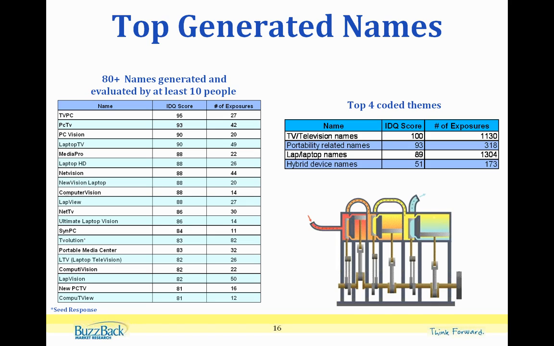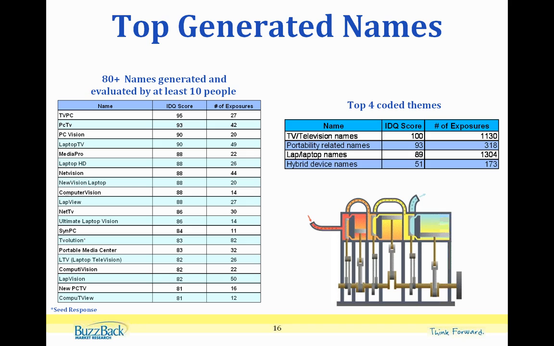So it's a really interesting way to see how your notion of the appropriate name for the product relates to that of the consumers. We then collapsed all of the names in the IDQ engine to look at them in a coded way, much as we would code open ends, and reran the algorithm against those coded names.